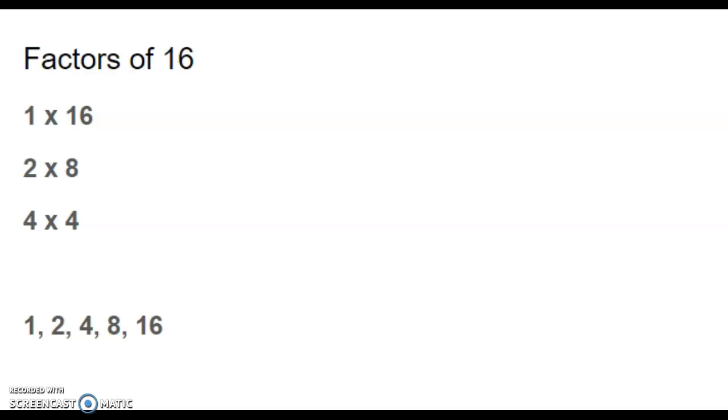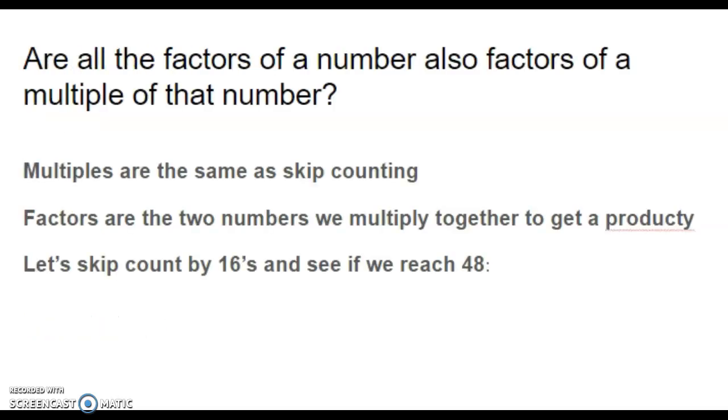But are all the factors of 16 also factors of 48? Let's think about that. So are all the factors of a number also factors of a multiple of that number? And you want to think about a very convincing argument. You want to convince someone, yes, they are, or maybe they're not.